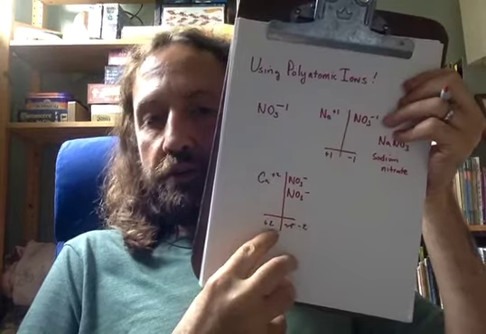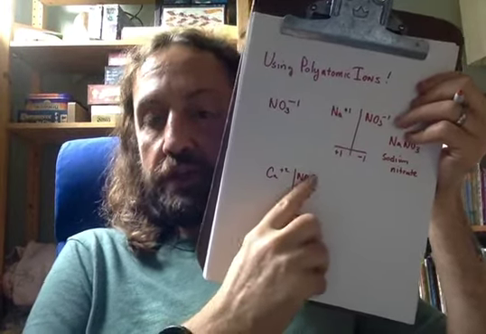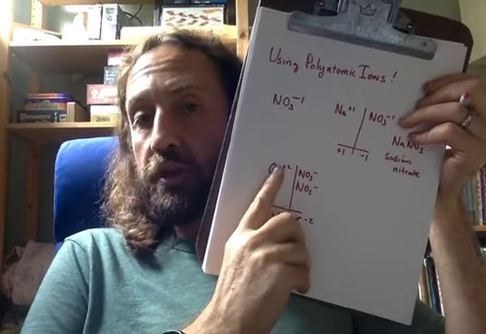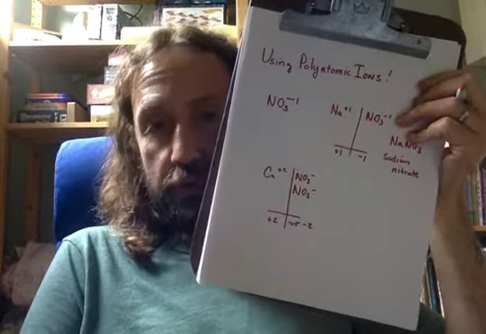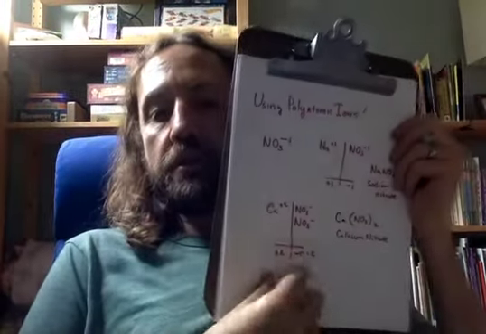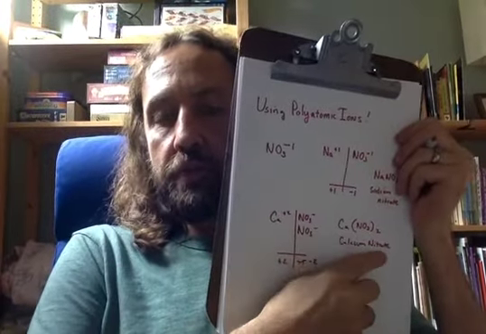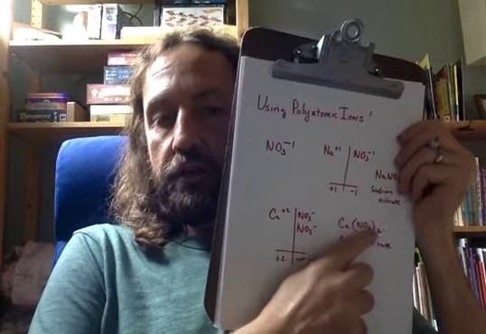Now we're on the good foot, +2, -2, so I need two nitrates to match up with the +2 calcium, which is what we would expect. So that's going to be Ca(NO3)2, calcium nitrate. Calcium nitrate.